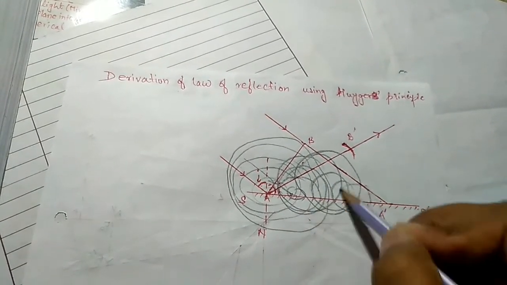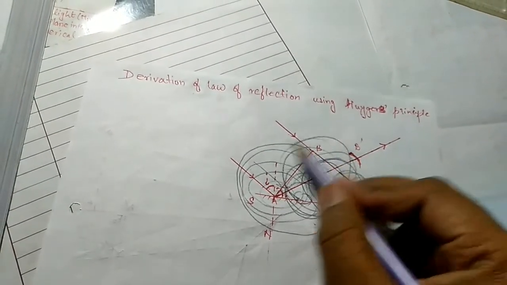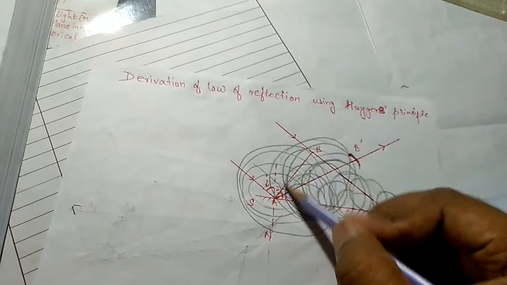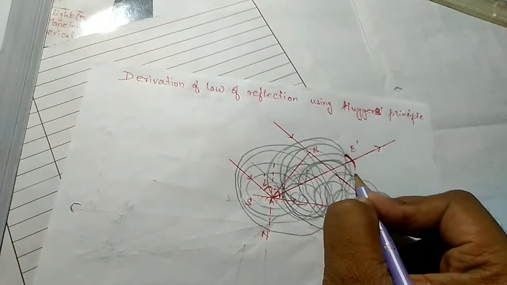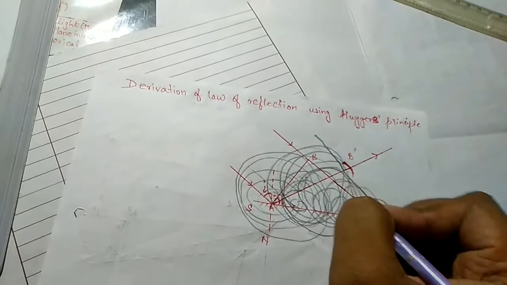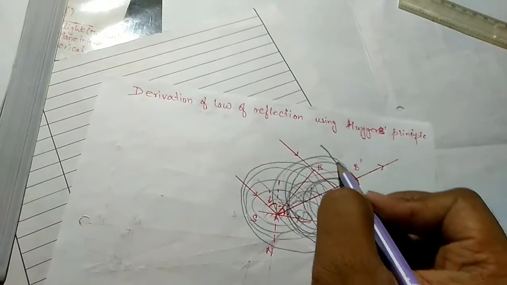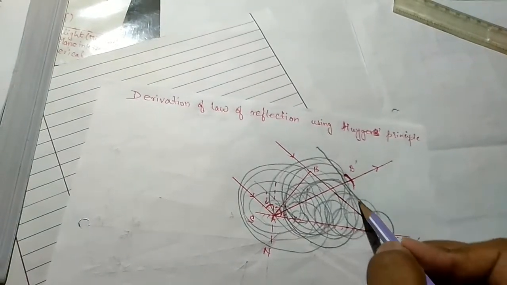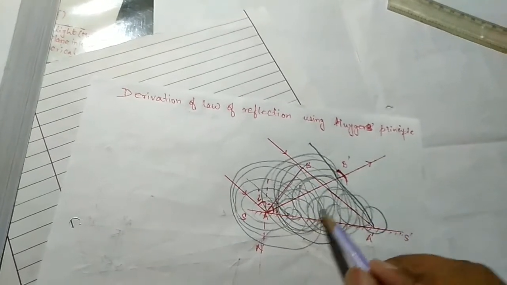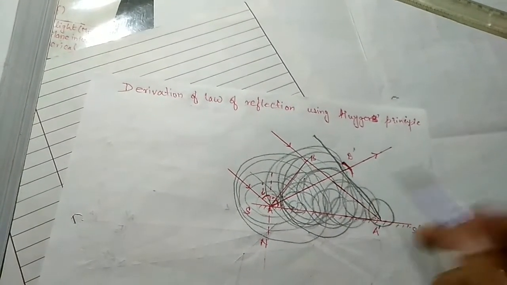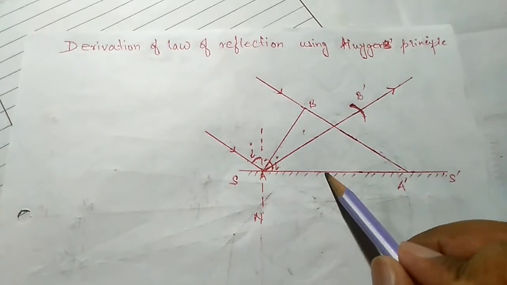In the same way, every point will produce a wavefront, and one of those arcs is this. So if we draw a common tangent on all these secondary wavelets, this common tangent will be the reflected wavefront. This is the incident wavefront, and this is the reflected wavefront. We are going to prove this, but here we are not going to draw for every point, for every secondary wavelet.